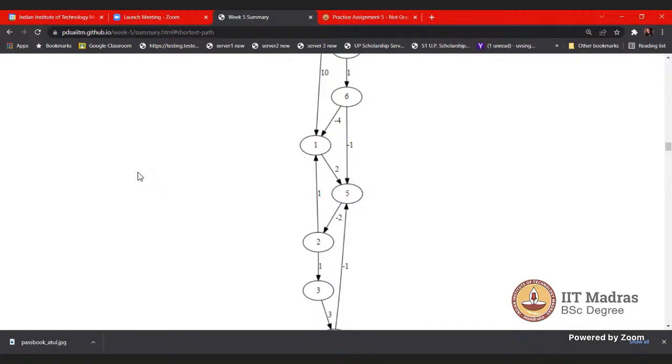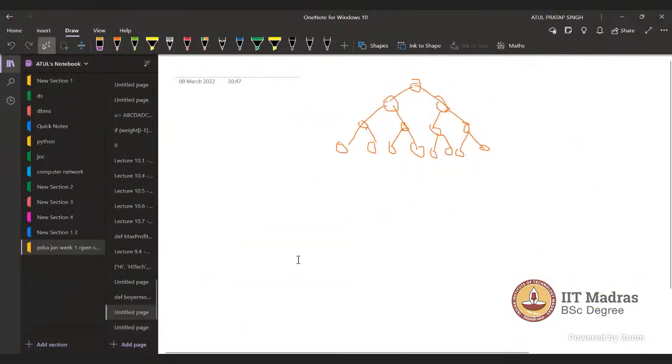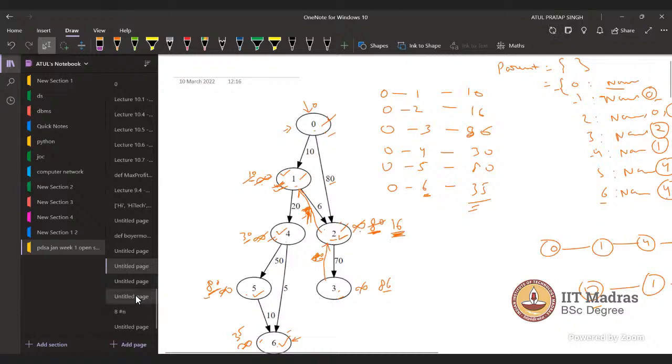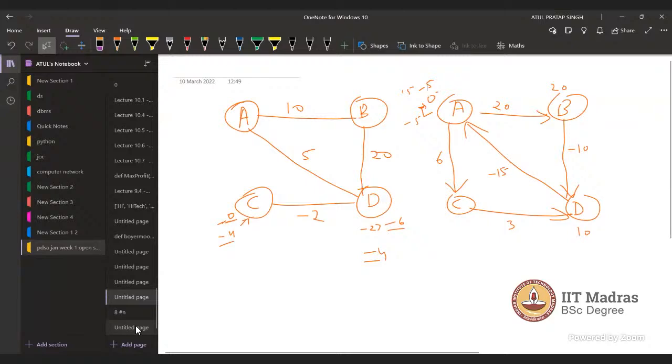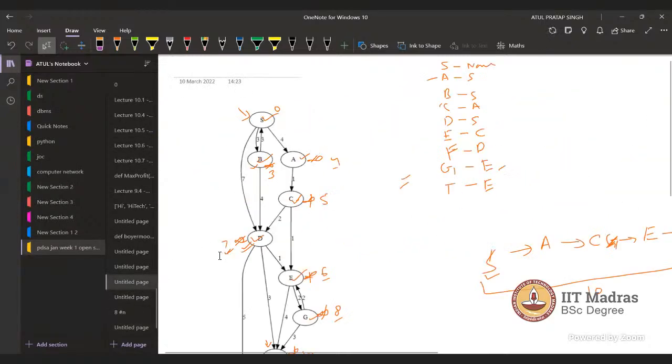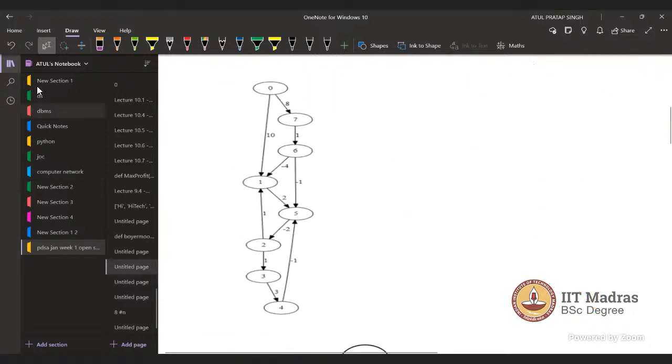So for example, we are starting from 0. We are starting from 1, and adding this edge, so the value 0 goes to 2. Okay, the graph is given here.